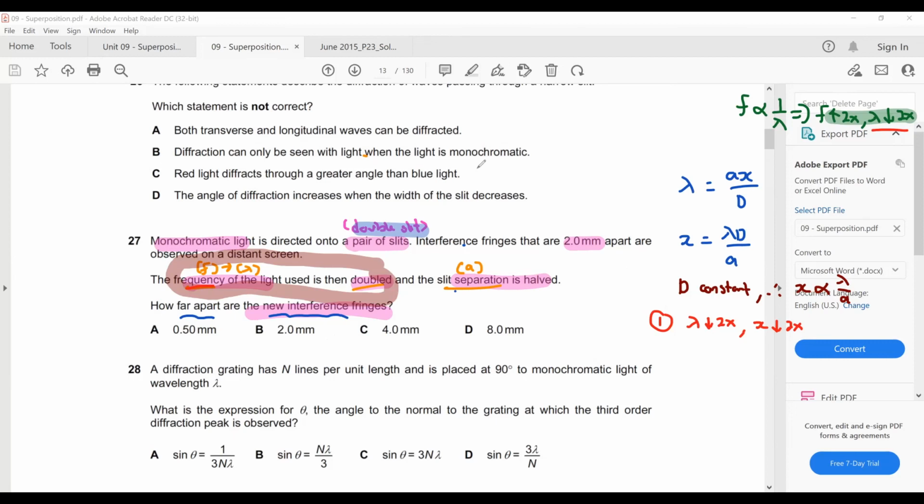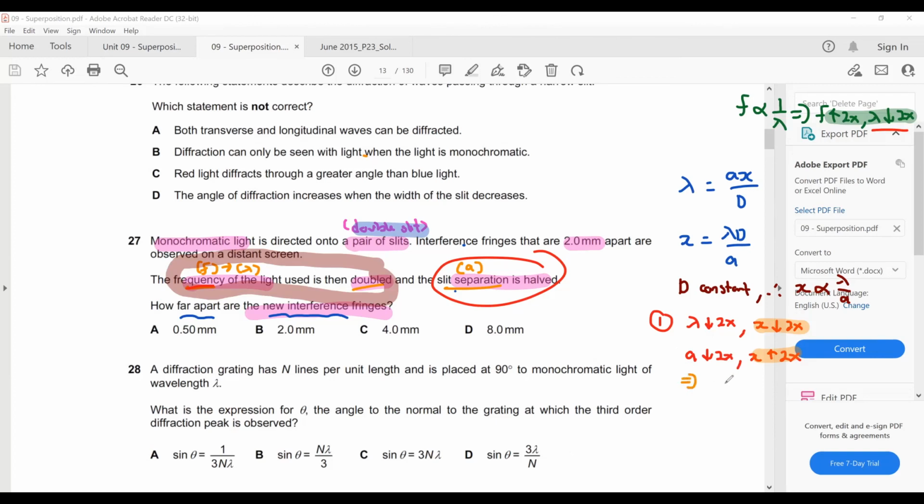What about effects of A? They told you that slit separation is half. So you consider the effect of A separately now. When slit separation is half, that means it's divided by 2, so A decreased by 2 times, that means X increased by 2 times. So you look at this part here: this one decreased 2 times, this one increased back by 2 times.